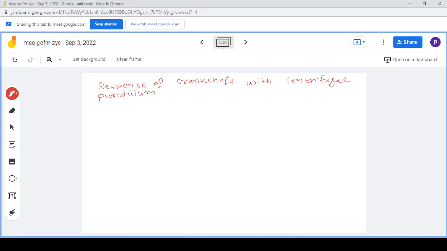For that, we consider the two diagrams. Point O, angle in this case theta.